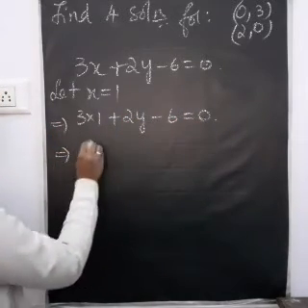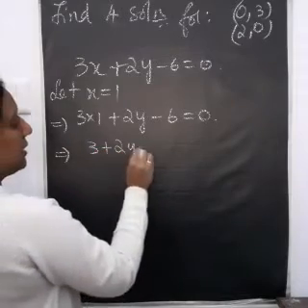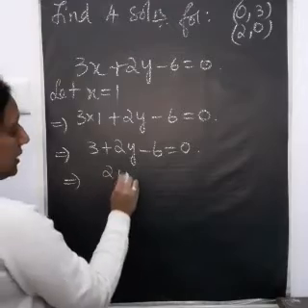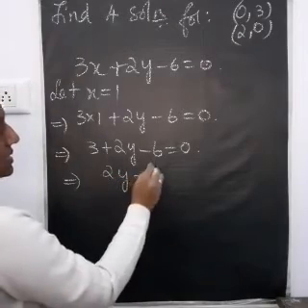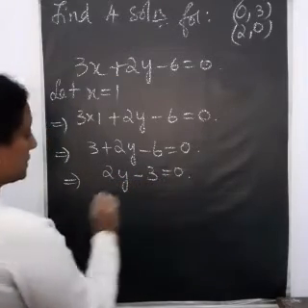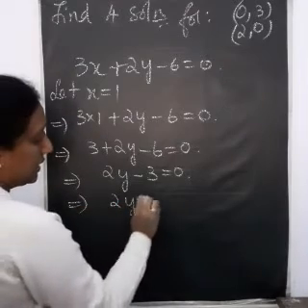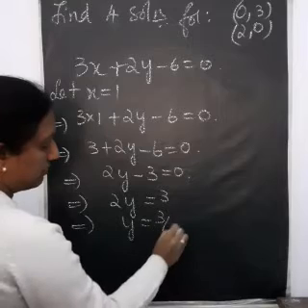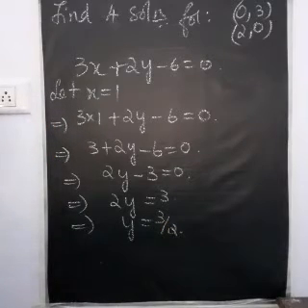So 3 plus 2y minus 6 equal to 0. So 2y minus 3 equal to 0. So you get 2y equal to 3 and that implies y is equal to 3 by 2. 3 by 2 is 1.5.